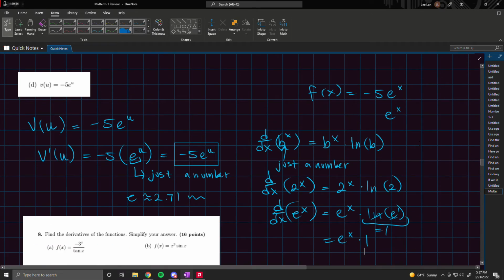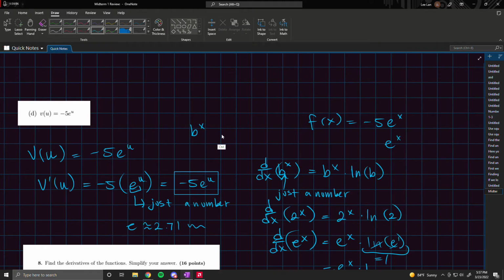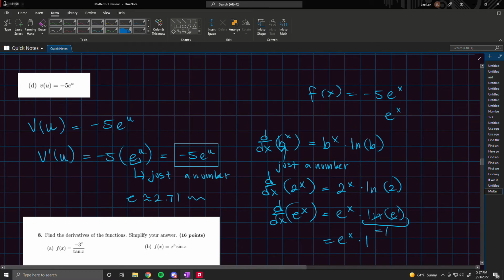So, yeah. Also, that brings up a side note: I think lots of students get confused between b to the x versus, to be more concrete, 2 to the x versus x squared.